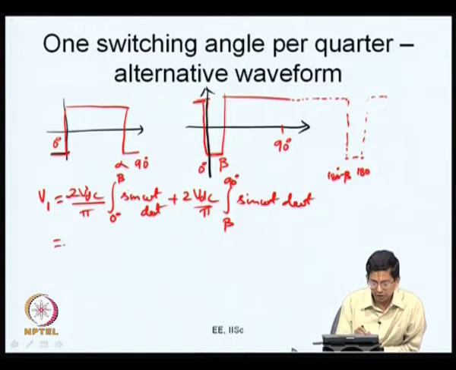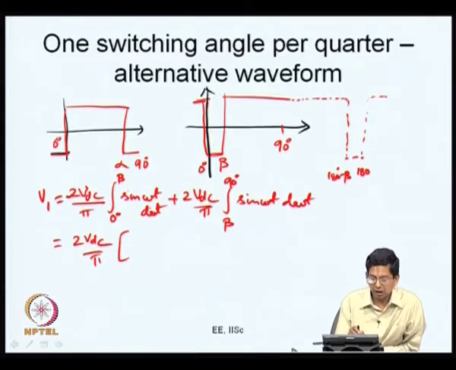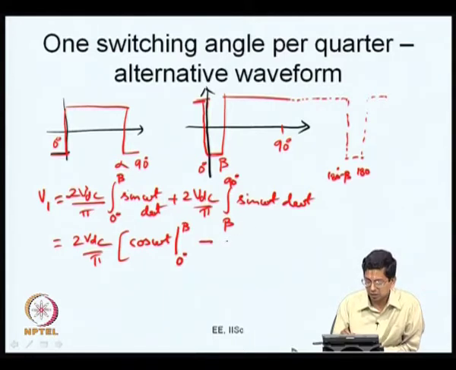So, what you have here is basically 2 VDC upon pi, and the integral of sin omega t is minus cos omega t, you have again a minus sign here. So, this is cos omega t with limits from 0 to beta, and this is another, you have minus cos omega t evaluated from the limits beta to 90 degrees now.